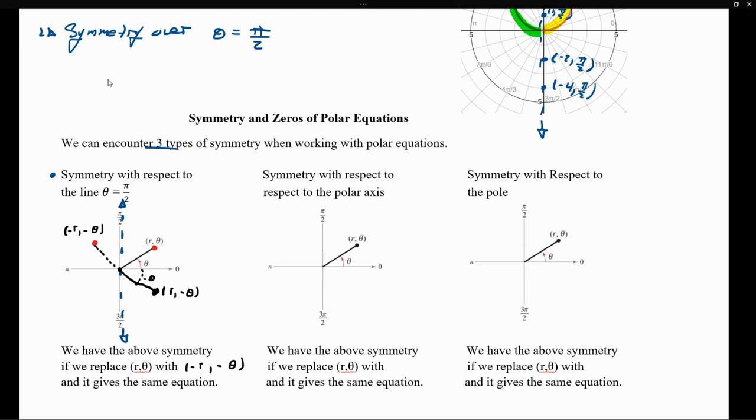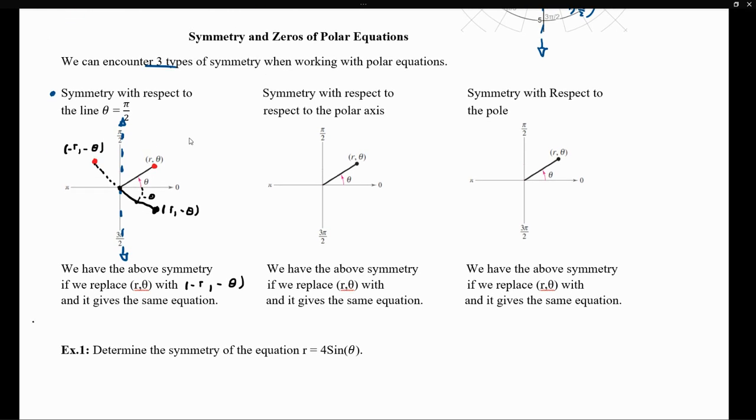So we have the above symmetry, and if we replace r, theta with negative r, negative theta, it gives the same equation. In other words, the image of a curve reflected over the line theta equals pi over 2 will always have the coordinate points negative r, negative theta.